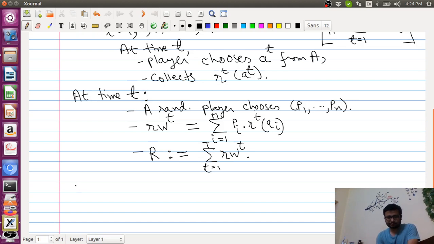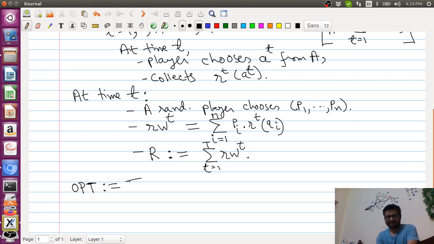Now, the benchmark total reward value that we would like to compete against is defined as follows. We'll call it opt.